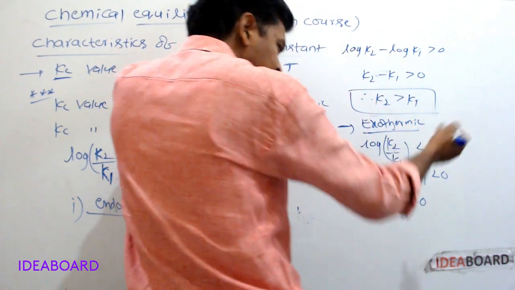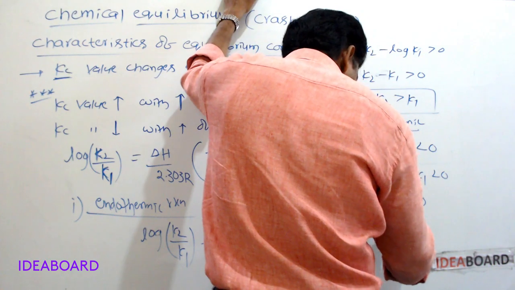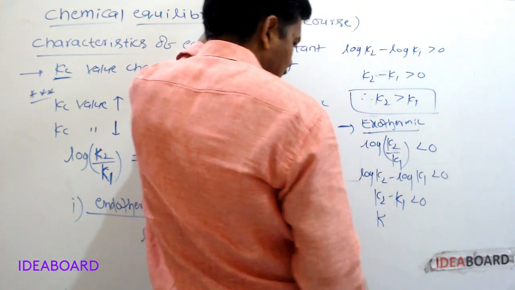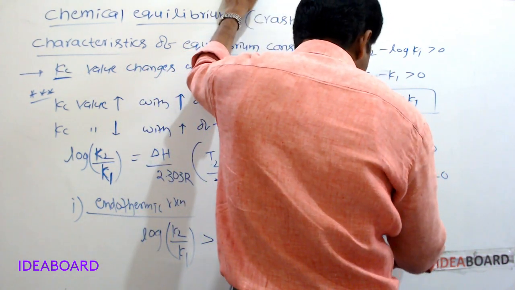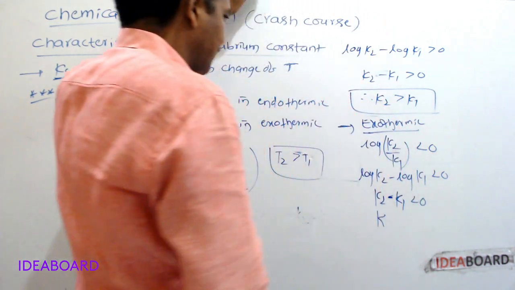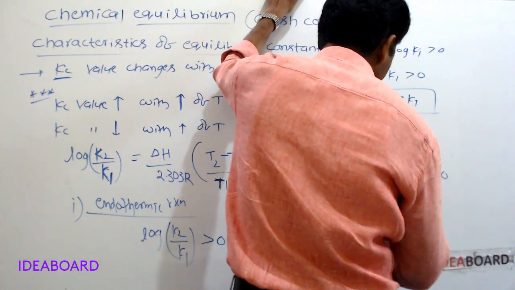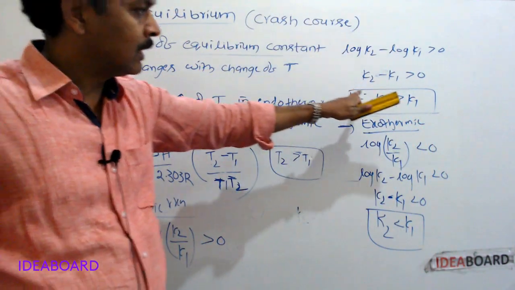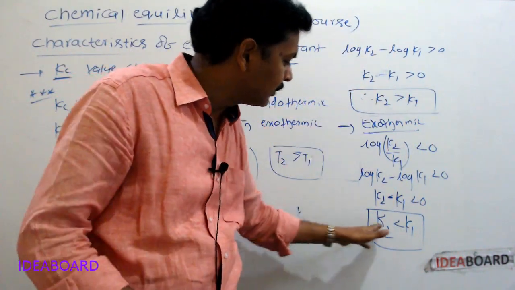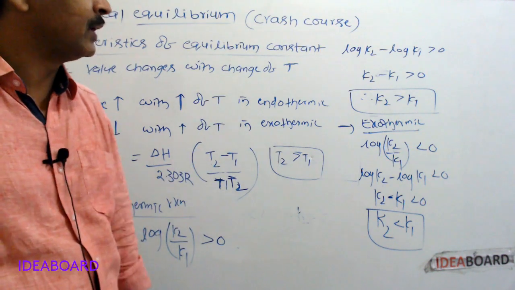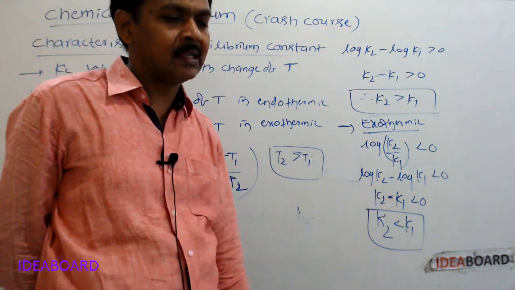That is nothing but K2 is less than K1. Here K2 is greater than K1, but here K2 is less than K1. So by increasing temperature, the equilibrium constant decreases.